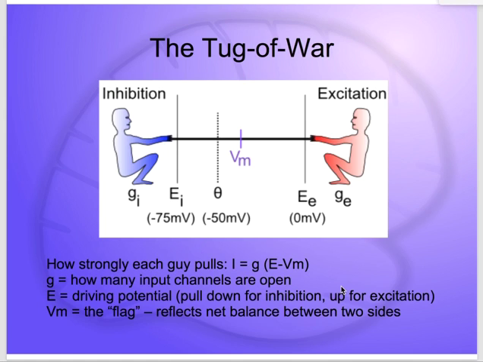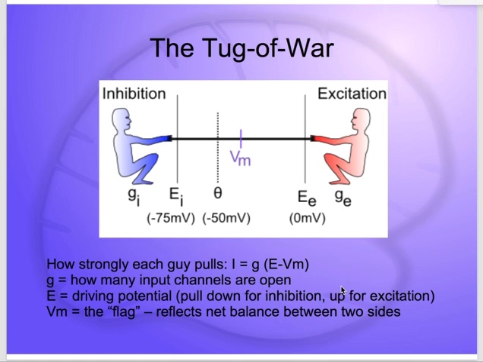So the larger G is, the higher the current is, and the higher the effect on membrane potential. And then E is the driving potential, sort of a resting state of the neuron, a state towards which the neuron may move in the absence of other forces.